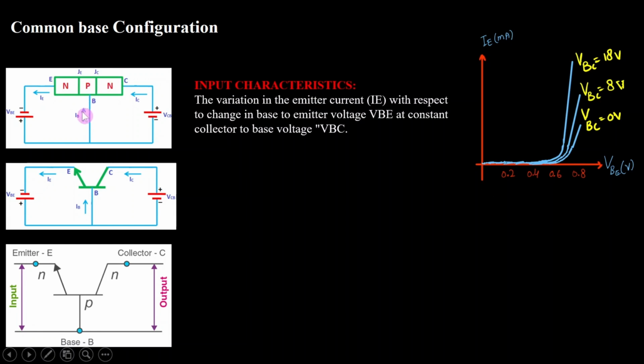As we know, for silicon this potential barrier is about 0.7 electron volt. So if we increase VBE up to 0.7, there will be no current, because up to 0.7 the junction still does not allow the charges to flow.